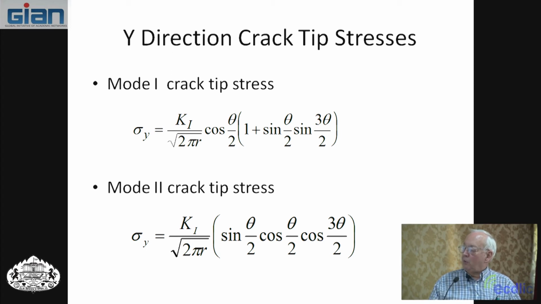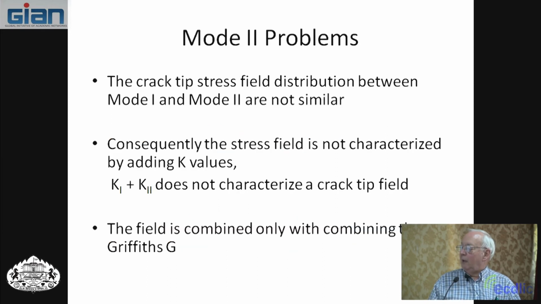Now the mode 2 loading has a different distribution function, still has square root of 2 pi r in the denominator, but these things are all different. So from here to here, you just can't then add the two stresses together.